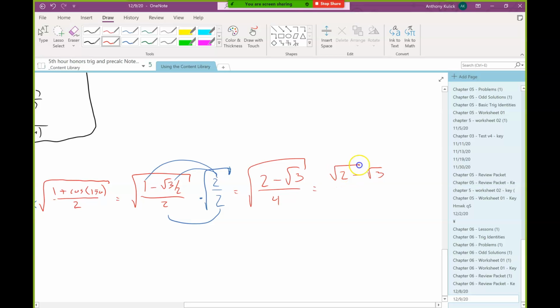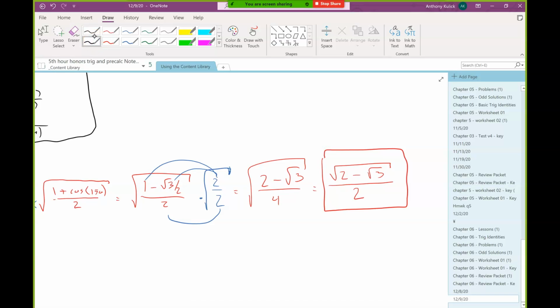So I'm going to go ahead and separate my radical so that I can square root the denominator. And that'll be my final answer. Any questions on what I did there?